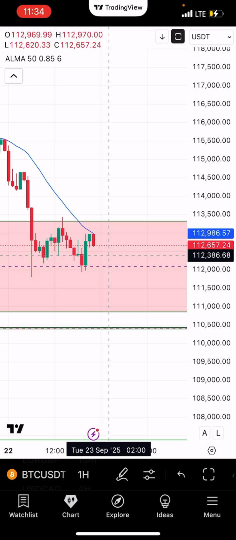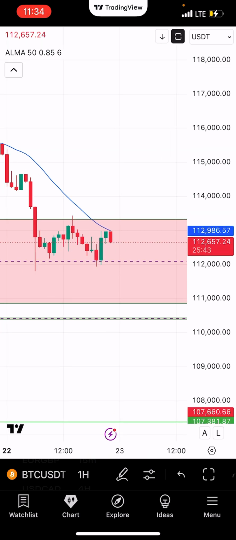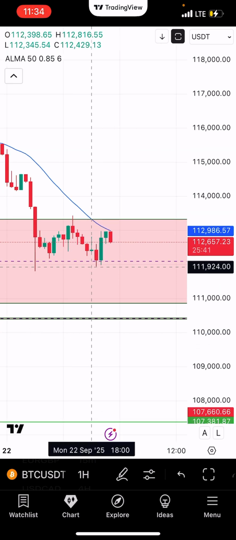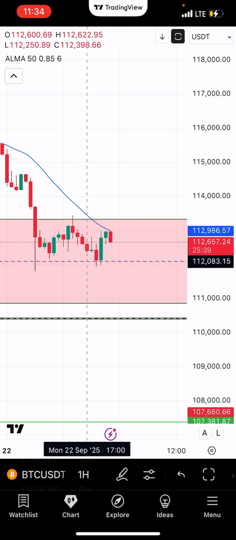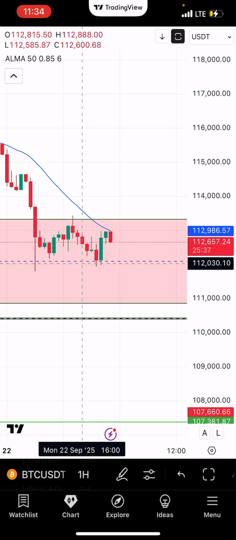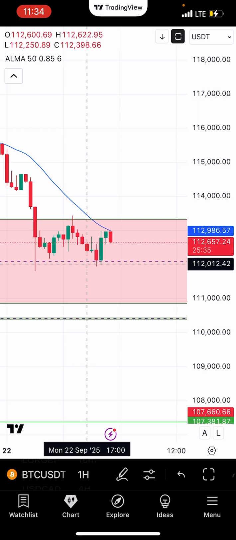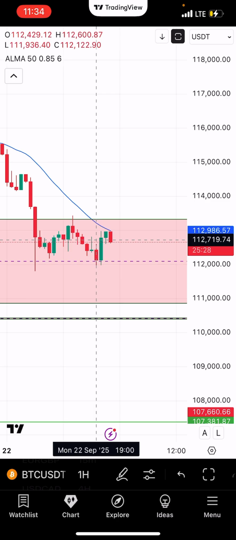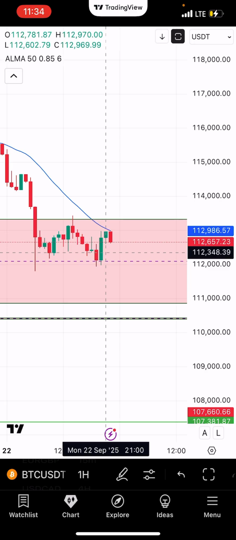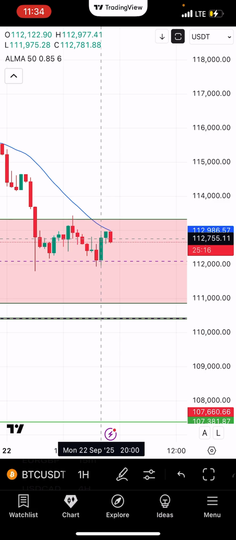See our confirmation here in the 1 hour time frame: we saw a double bottom, which is a signal for a reversal, a signal for bullish movement. Then we also saw this bullish engulfing candlestick, which gives us more reason to buy BTC now.